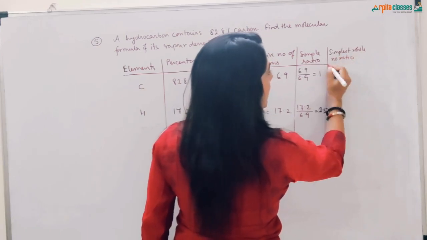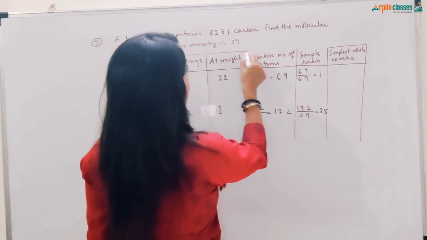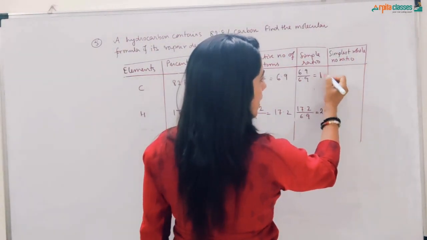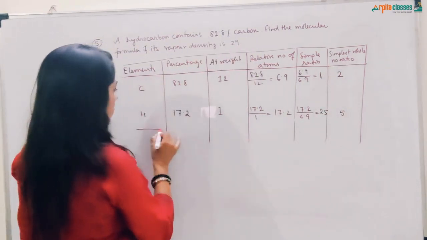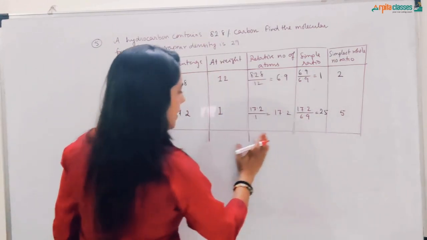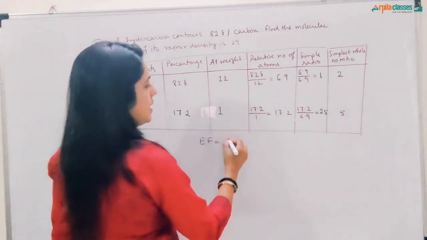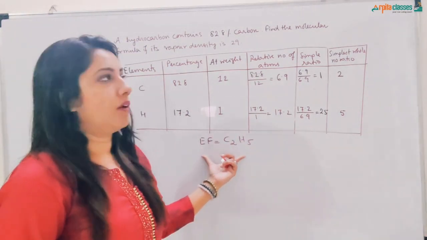Since we cannot round it off, it is 2.5, so we have to multiply both the numbers by 2. So 1 into 2 is 2 and 2.5 into 2 is 5. Therefore, the empirical formula will be C2H5. This is the empirical formula.